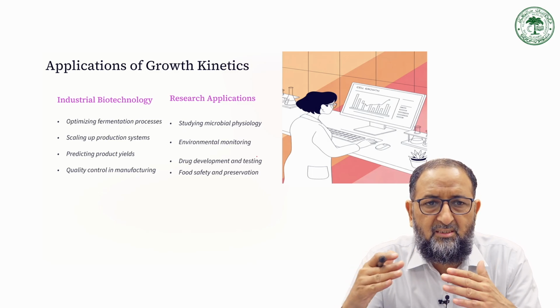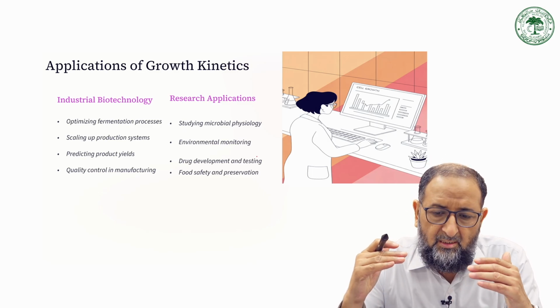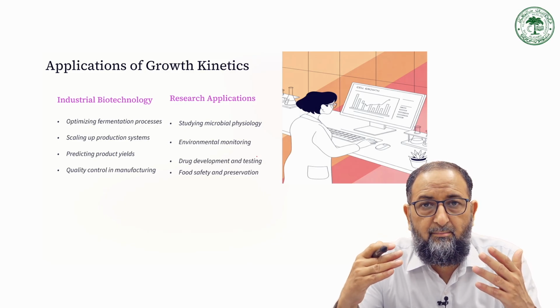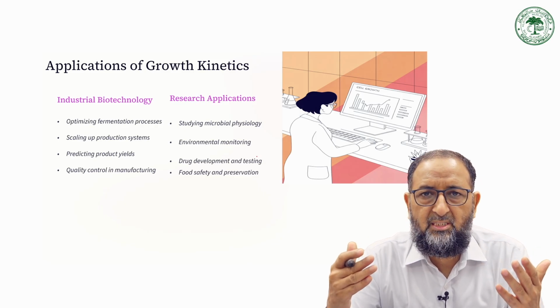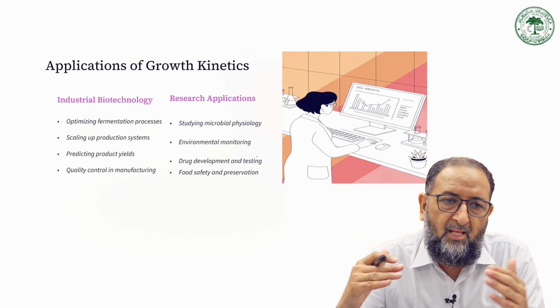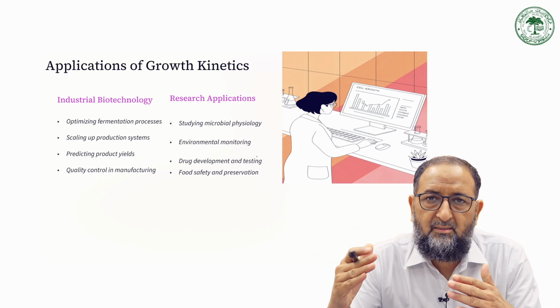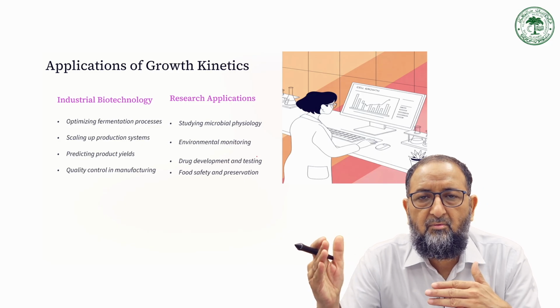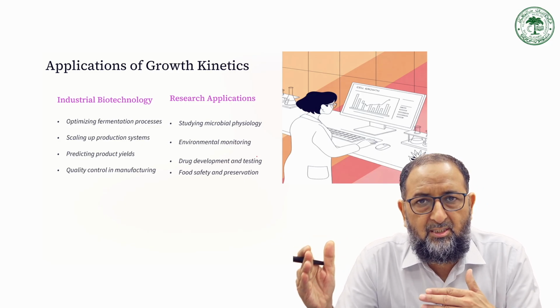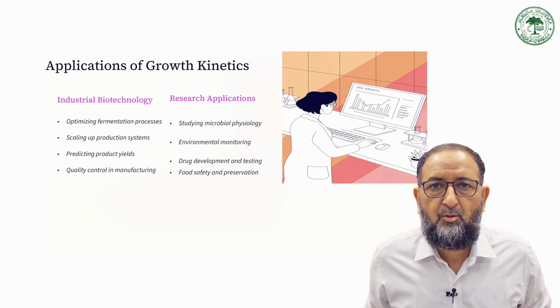Optimizing the fermentation process means optimizing the growth process, the process where the growth takes place, because ultimately the growth of these microorganisms is required for the final product development. If you don't optimize, then it is difficult to get the desired product in the required quantity.